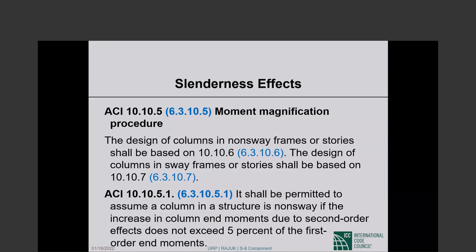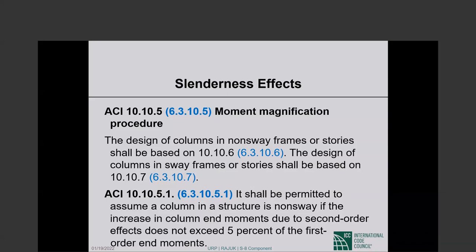The third way is moment magnification. This is probably still quite popular in Bangladesh. I would assume it definitely has been in this country until I think it is now largely replaced by this second order analysis. That is my impression.